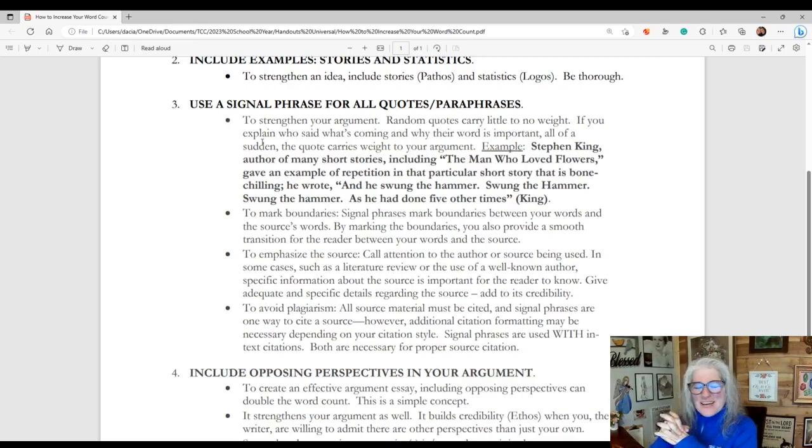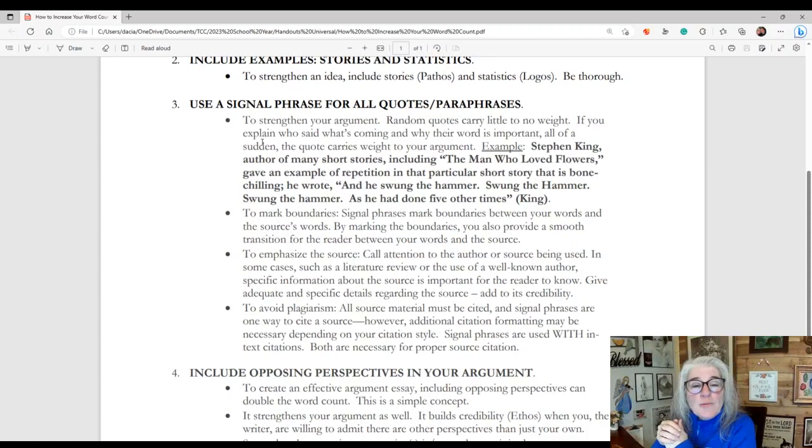Woohoo, super exciting. Another reason why we use a signal phrase is to mark boundaries, especially if we're using paraphrased materials. Signal phrases mark boundaries between your words and the source's words. Sometimes I get real confused when I'm grading essays. If a student hasn't used a signal phrase, I don't know where this leaves off and that begins. And then all of a sudden, they've got an MLA parenthetical citation.